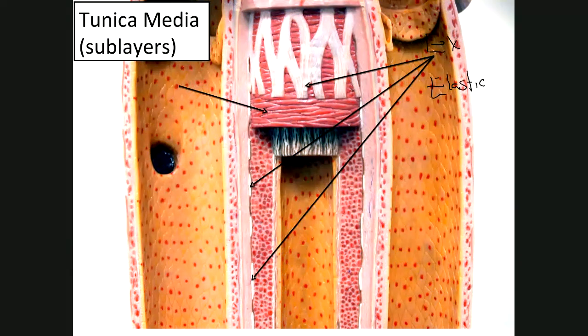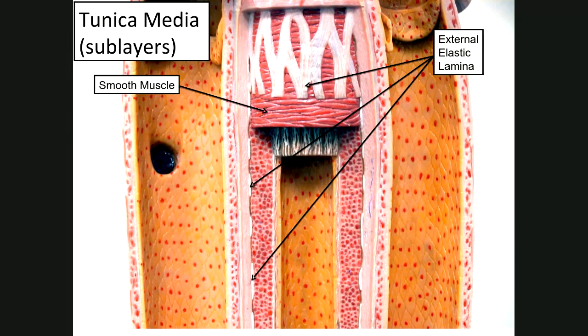Lamina means layer, so there's sublayers. And there's our smooth muscle. So we have 2 sublayers in the tunica media. Make sense?